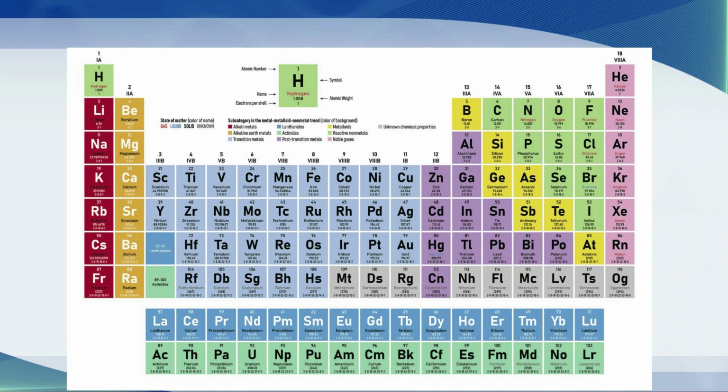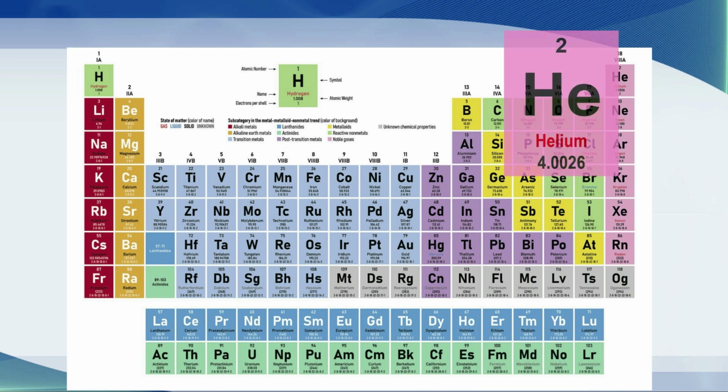If you ever did chemistry in high school, college, or even picked up any kind of a chemistry textbook, you will be familiar with this, the periodic table of the elements. And let's pick a random element from the periodic table that you will be familiar with from the school textbook.